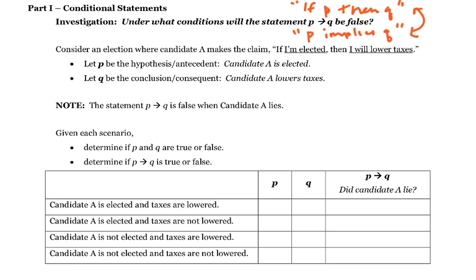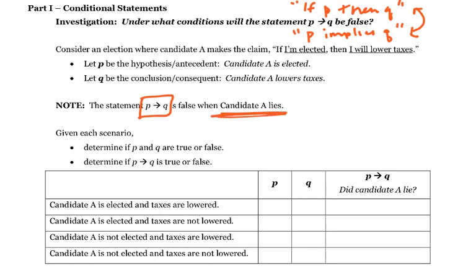All right, so we're going to consider an election where candidate A makes the claim, if I'm elected, then I will lower taxes. So P is the hypothesis, the antecedent, that candidate A is elected, and Q is the conclusion, the consequent, candidate A lowers taxes. So the statement if P then Q is false when candidate A lies.